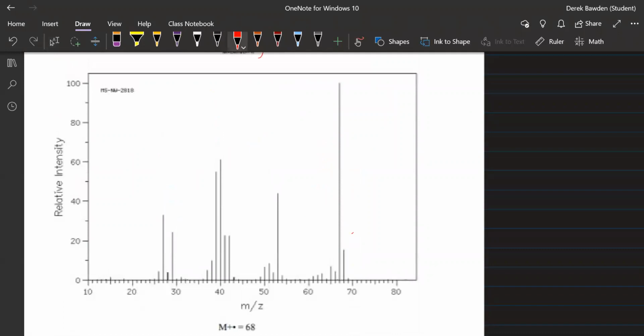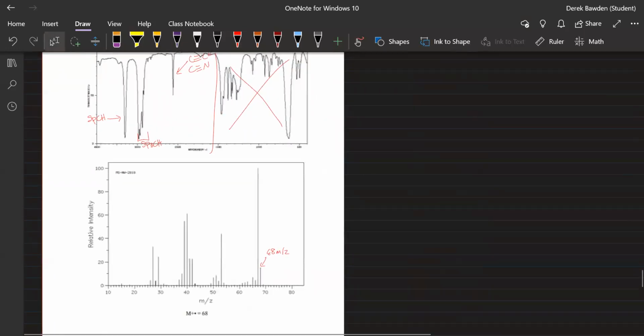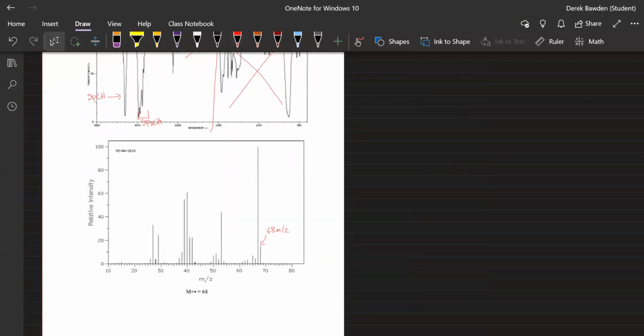And then our mass number here is 68. So what does that tell us that it's not? Nitrogen. It's not nitrogen. It's not a C triple bond N, okay? So now we can go down here and write all of our clues down. We know we have an alkyne and it's terminal.